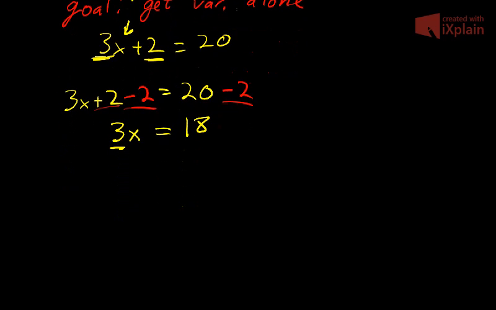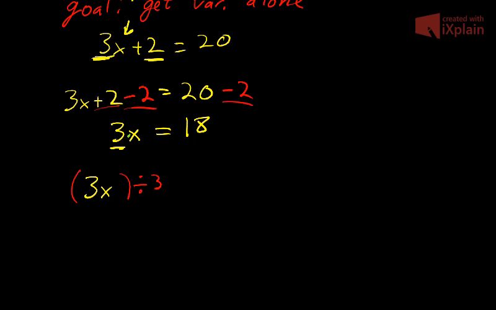So now, to get rid of the 3, I have to find the opposite operation of what's going on. The 3 is currently multiplying the x, and the opposite of that is division. So I'm going to take my side right here, 3x, and divide all of that by 3.